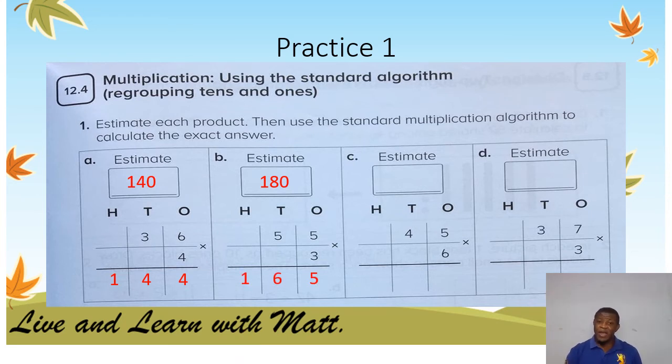Part C, estimate will be 270 and the actual is 270. 45 times 6. Now part D, estimate is 120. 40 times 3. Now actual 37 times 3 will be 111.